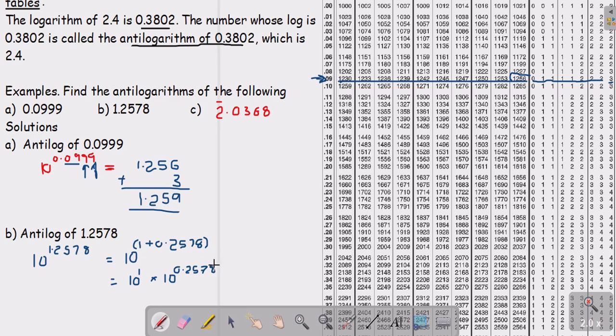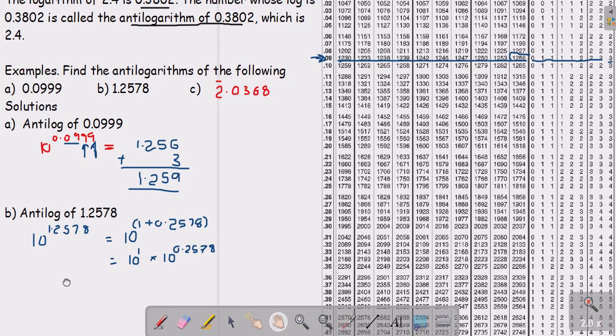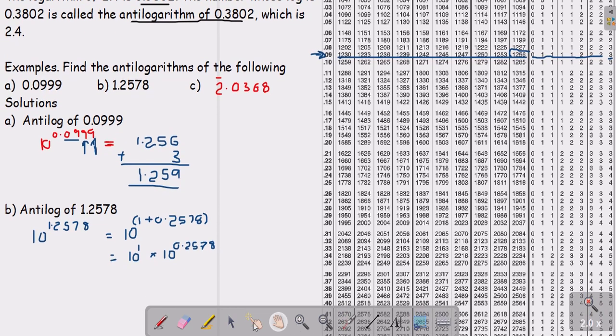So 10 to power 1 is 10, times the other one, which we read on the antilogarithm table. So we come to 0.25.